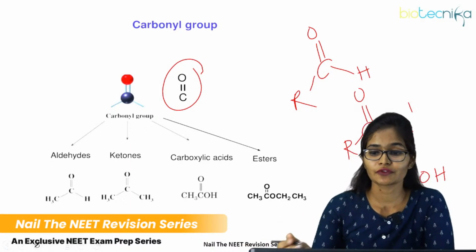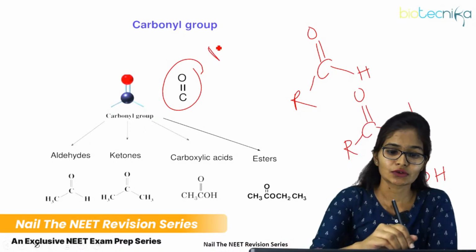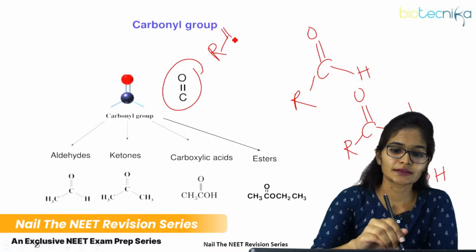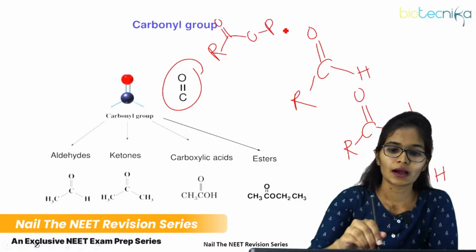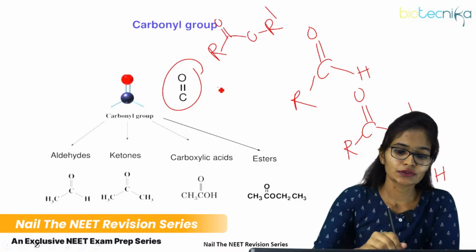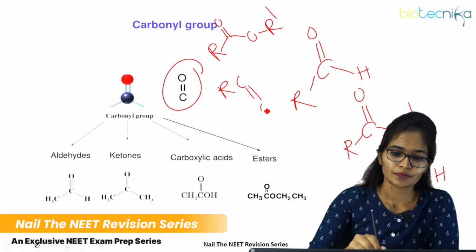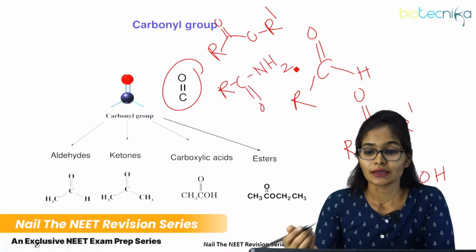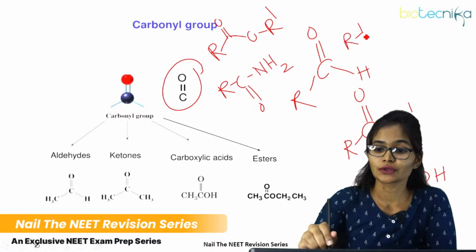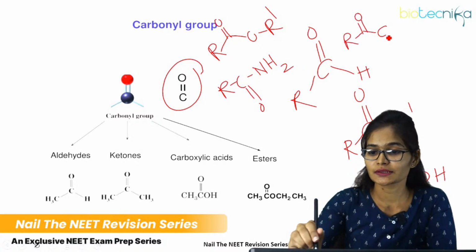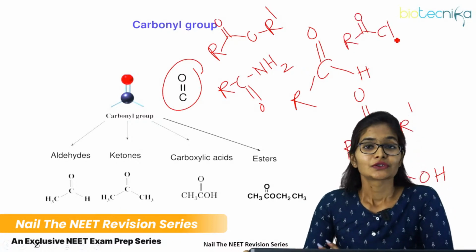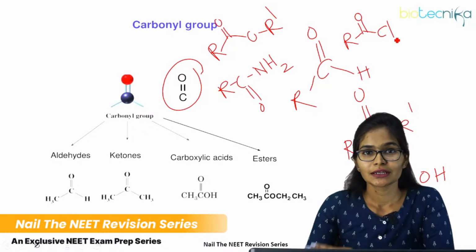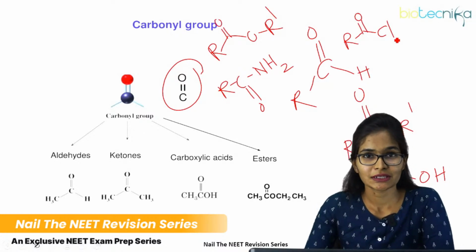Apart from this, you can have an ester also, that is RCOOR dash, and an amide, which you can write as RCONH2, right? And acyl chloride also, where you can see the carbonyl group is present in the compound. So there are so many carbonyl containing functional groups in organic chemistry, right?